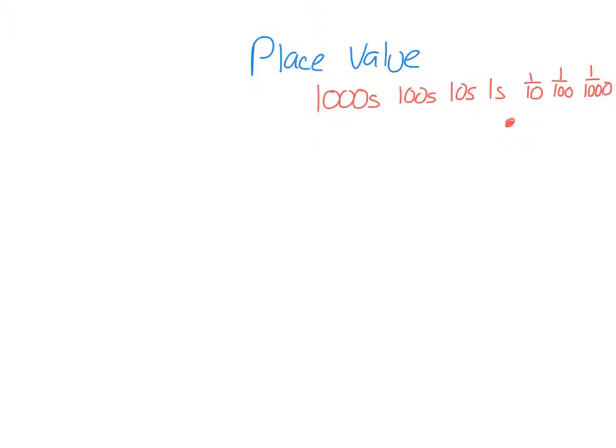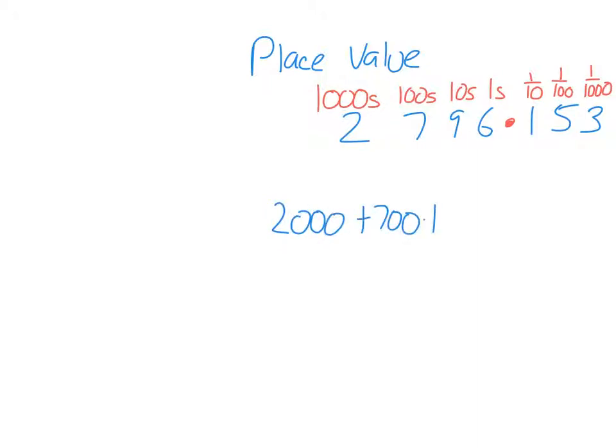So let's say we have this number here, 2796.153. So in expanded form, I know that's a bit ambiguous. We had expanded form with powers, but in expanded form, what we have is 2,000 plus 7 hundreds, plus 9 tens, plus 6 ones, plus 1 tenth, plus 5 hundredths, plus 3 thousandths.